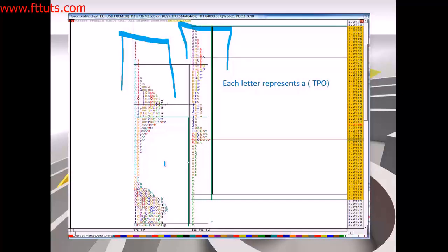The two platforms that I use are Market Delta and Investor RT, and both of them have this capability that I'm describing, the ability to adjust and to change the profiles.